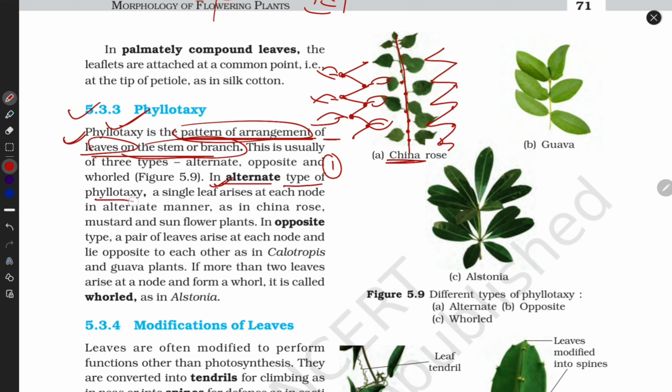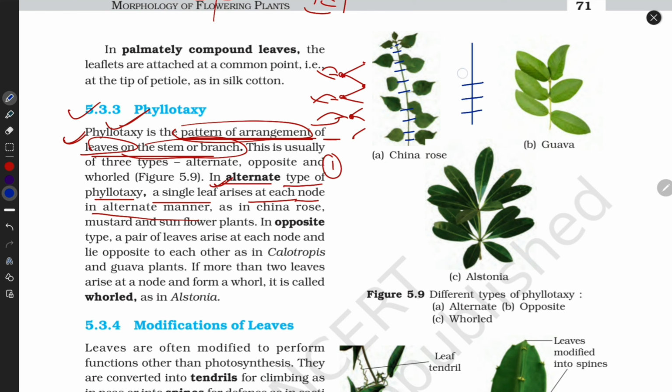Now, alternate type of phyllotaxy: a single leaf arises at each node in alternate manner. Look at here. This is one node, another node. Only one leaf arises from one node. Assume guys this is the stem. Only one leaf arises from a particular node.